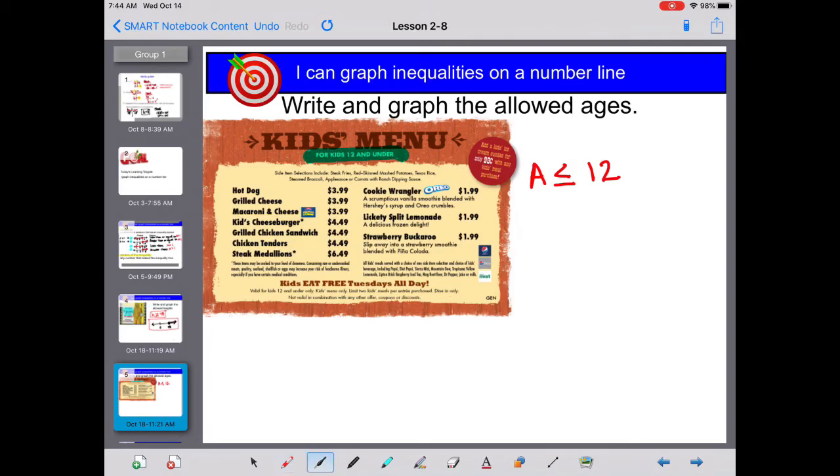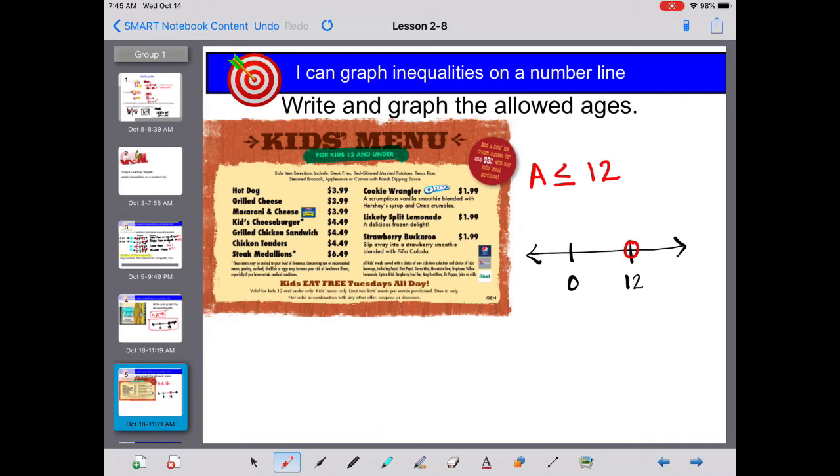Now it's time to graph. I draw myself a number line. I have to have two numbers, 0 and 12. I put a circle at the number. Then I ask myself, if I'm 12 years old, can I eat off the kids' menu?